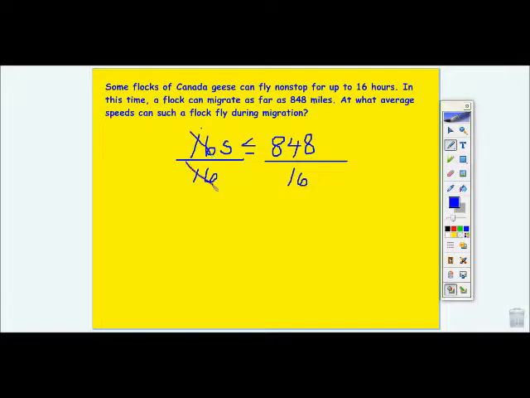This time I'm dividing by a positive, so I do not want to reverse my sign. I'm going to say that the speed needs to be less than or equal to, and 848 divided by 16 equals 53. So my answer is that the geese need to fly at a speed of 53 miles per hour or less during their migration.